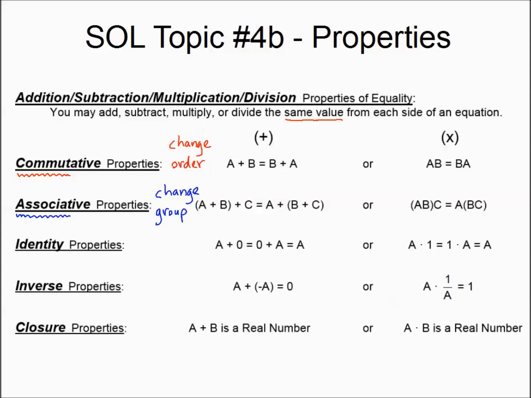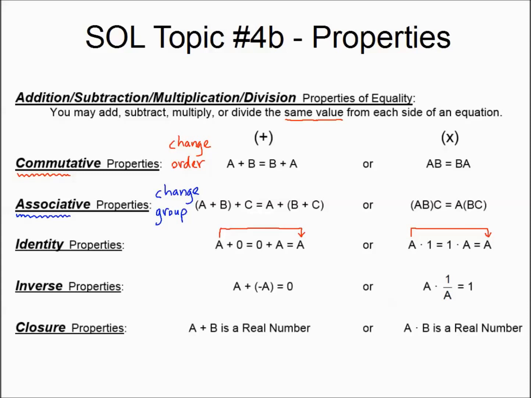Next is the identity property. If you keep your own identity, you're not changing. If we're talking addition, we can add 0 to a number and it does not change. A remains the same. Or we can multiply by 1 and A does not change. It remains the same.